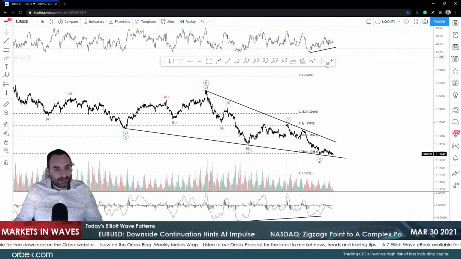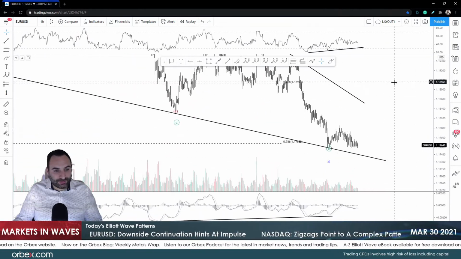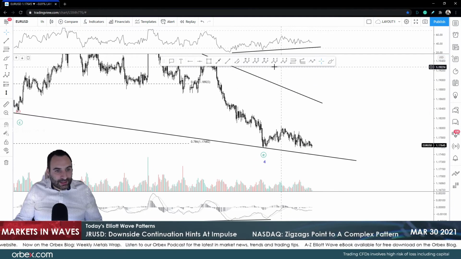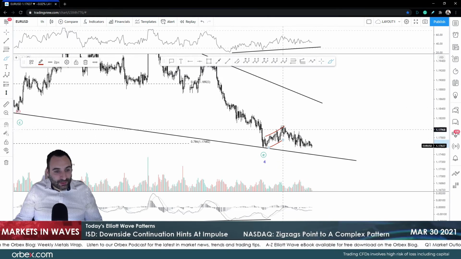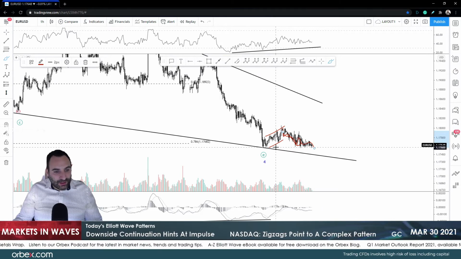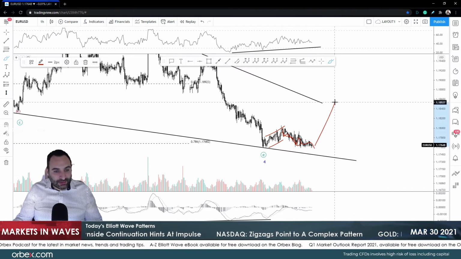Okay. Now, in case, and as I said before, although it doesn't look impulsive, we start moving higher, then that would mean that over here we've got a leading diagonal, and this is like an ABC, W, X, and Y, and without getting a double bottom over here, which is pretty near done, we would be moving up.